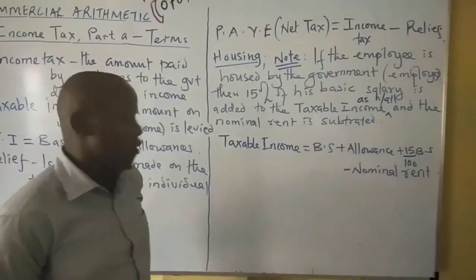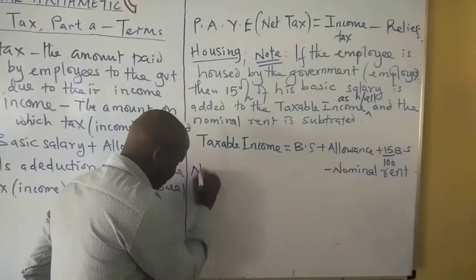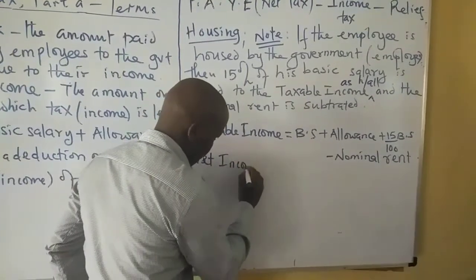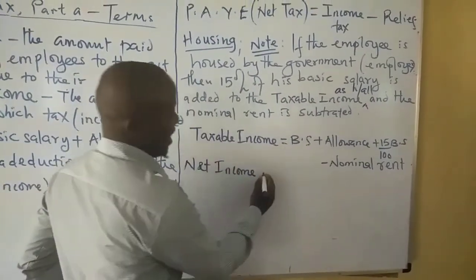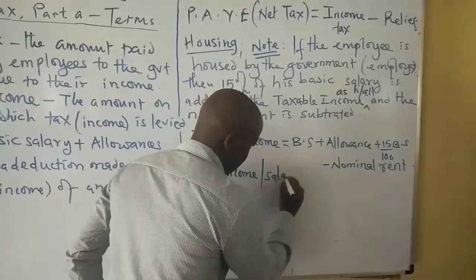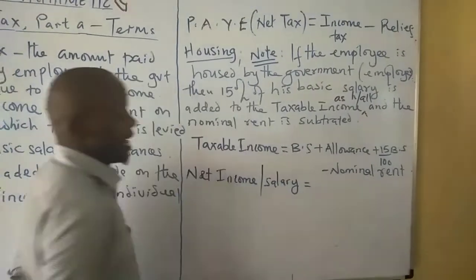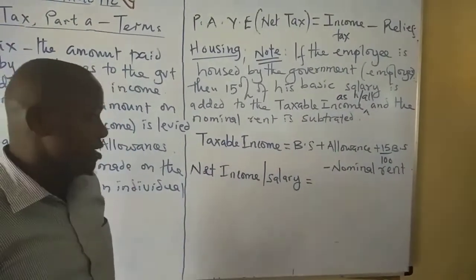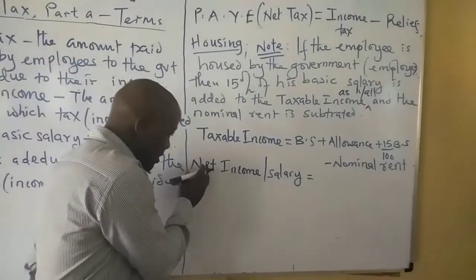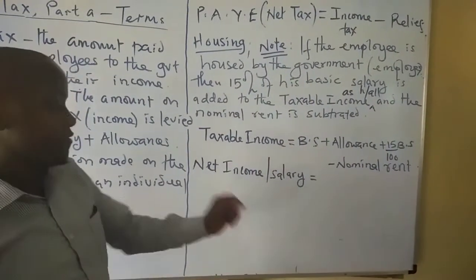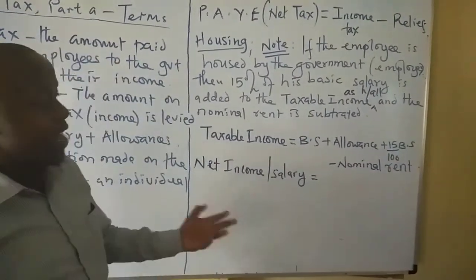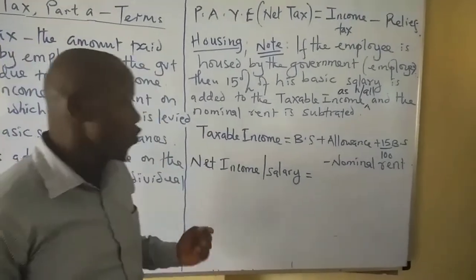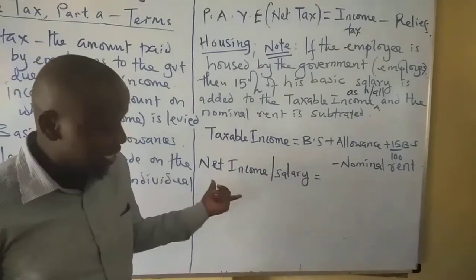The last term I'll deal with is net income, the net income or the net salary of a certain employee. If an employee is paying some things after the end of a given month, then there is that net salary or net income, which at the end of the day will remain in his pocket.